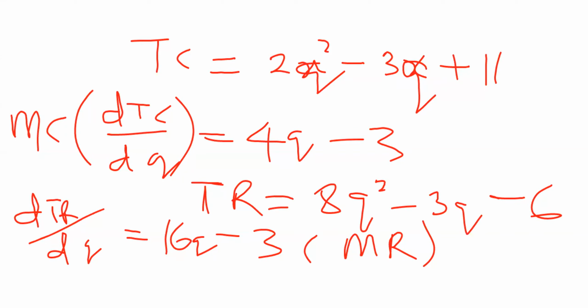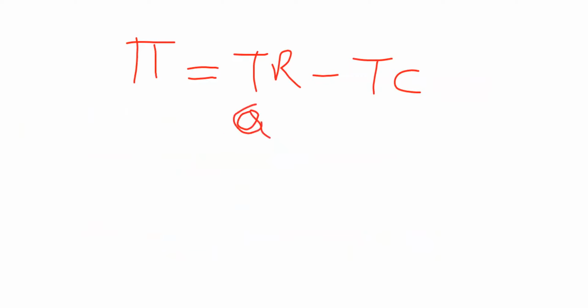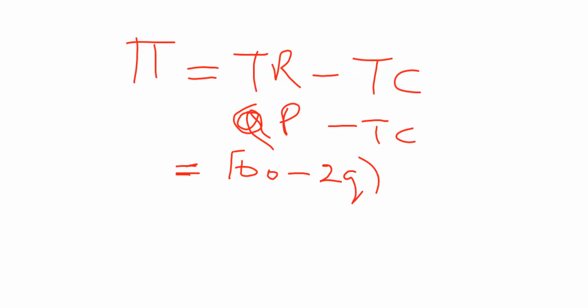So like I was saying, the same thing. If I know pi is profit, the profit is total revenue minus total cost. That means if I know the total revenue function, and you are aware that this is quantity times price, and this is already given, and my quantity will be expressed in alphabet, maybe 100 minus 2Q, my price, I can say let it be Q also.